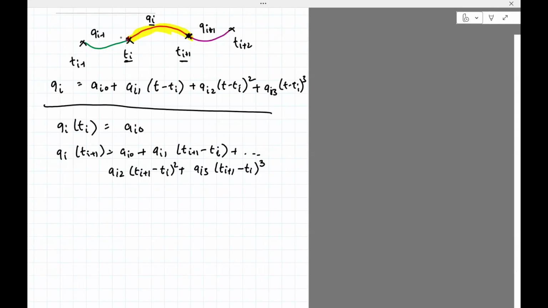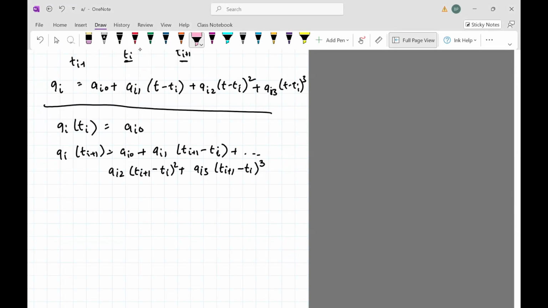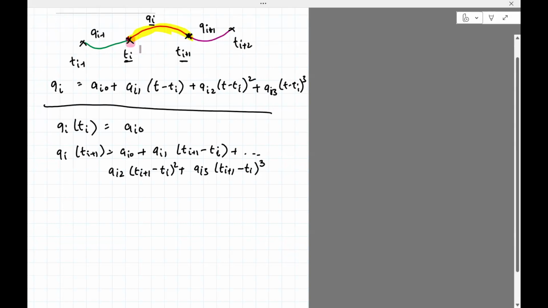So what we'll do is we'll ensure that it is actually continuous at this point. The first and the second derivative is continuous. So for that, what we set up is qi at ti equals qi at ti plus 1. This is the first derivative.